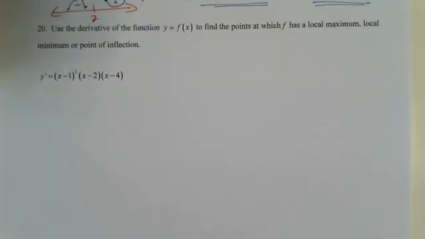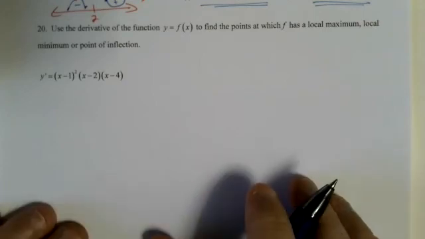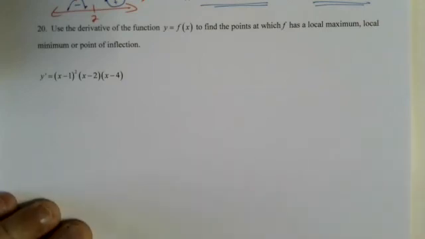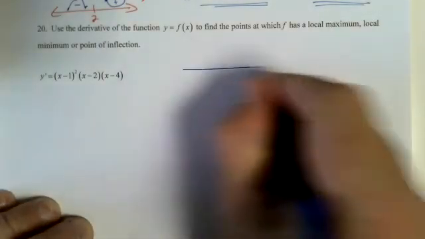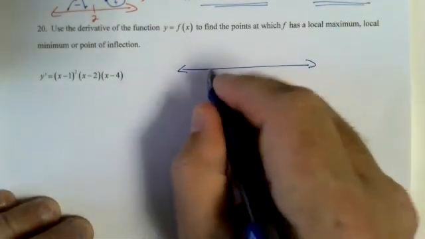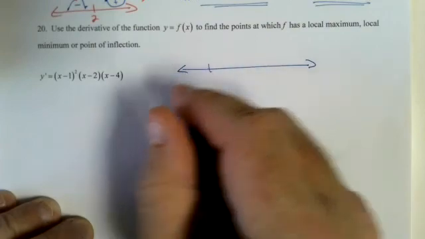So, very kindly, they gave me the derivative. Second derivative could be a little tricky, but we'll see where it goes. I'm not even sure how I did that. Oh, yeah, I did. Okay. Anyway, let's do this one first.